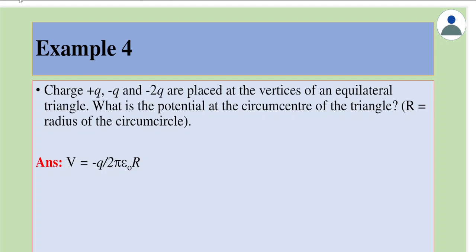Example 4 says charges plus q, minus q and minus 2q are placed at the vertices of an equilateral triangle. What is the potential at the circumcenter of the triangle? And here we need to express the answer in terms of capital R, where capital R is the radius of the circumcircle.